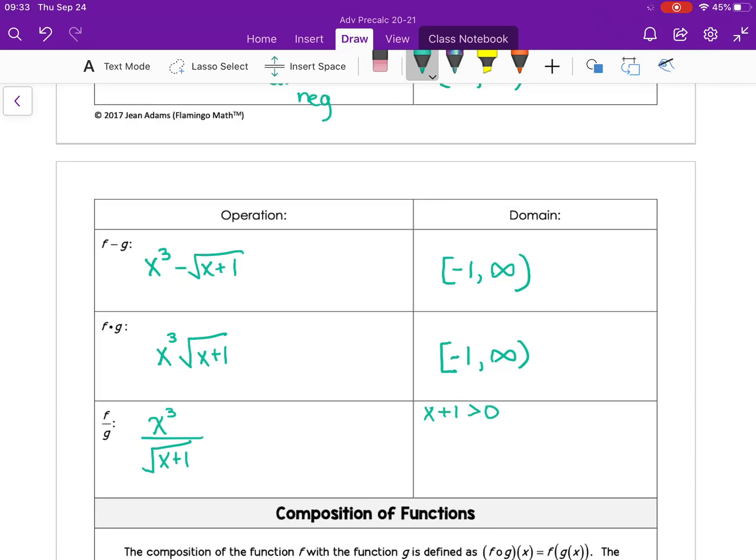So now x plus 1 has to be greater than 0 because it cannot be equal to 0. So all that does for the domain is instead of a bracket, it makes it a parenthesis. Okay.